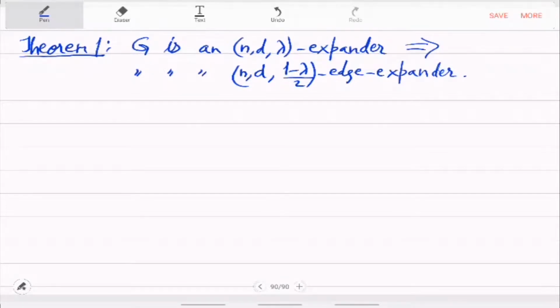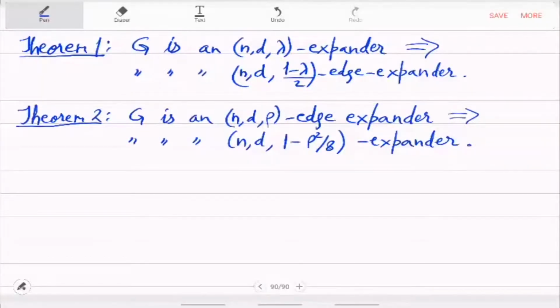So if G satisfies the algebraic expansion definition, then G also satisfies the edge expansion definition. So lambda you want to be close to 0, and you can see in the implication that then edge expansion will be close to half.